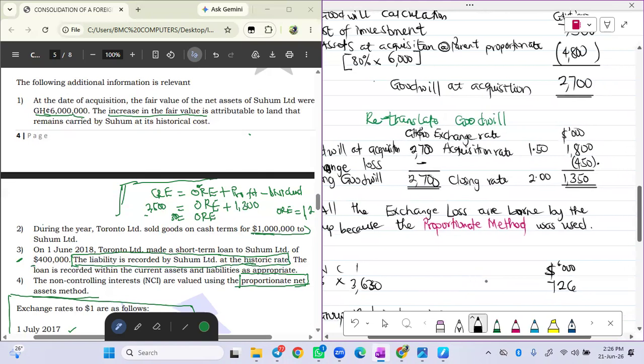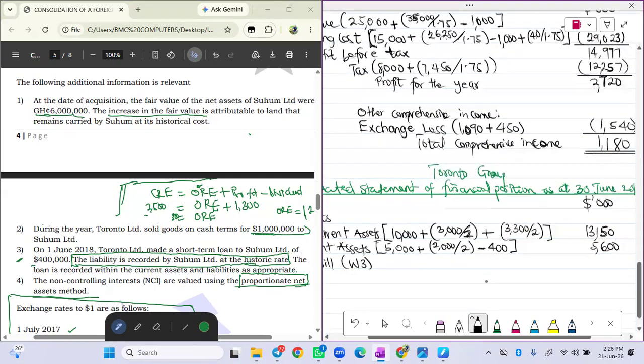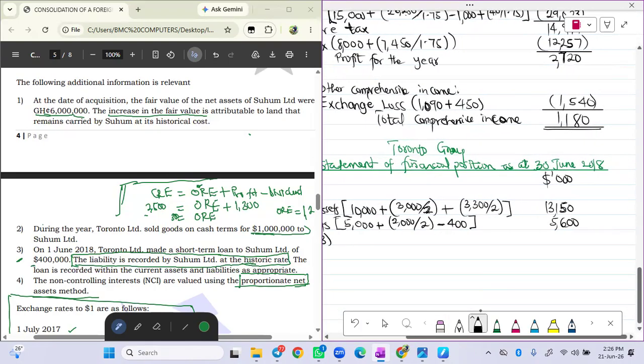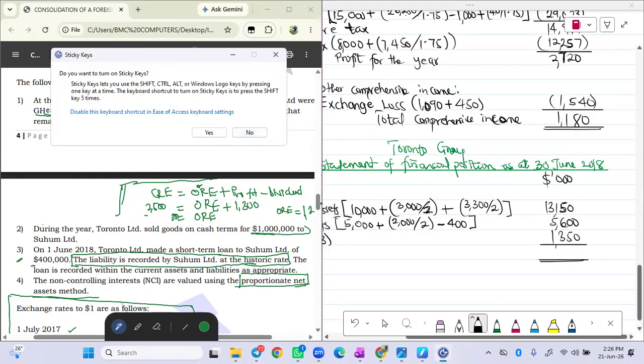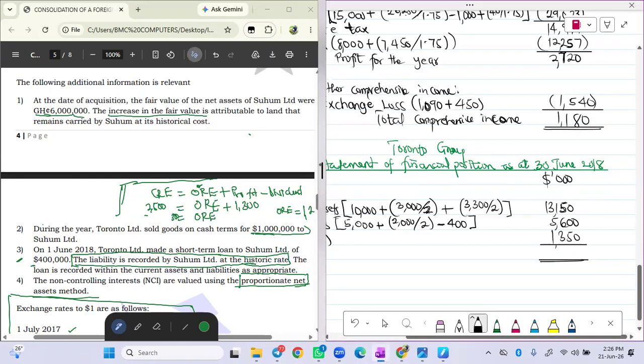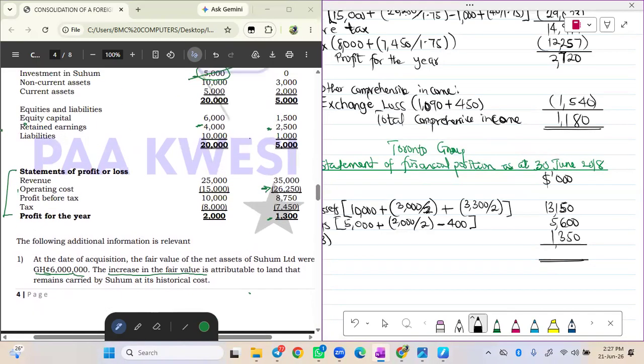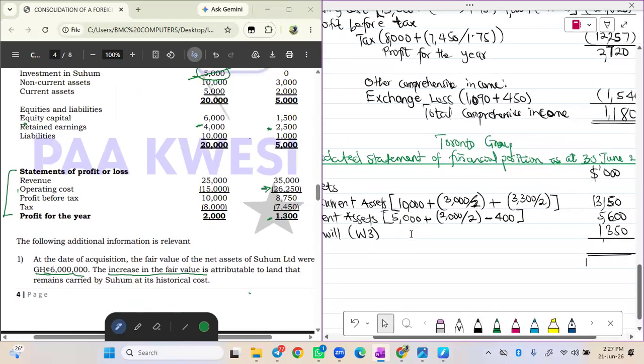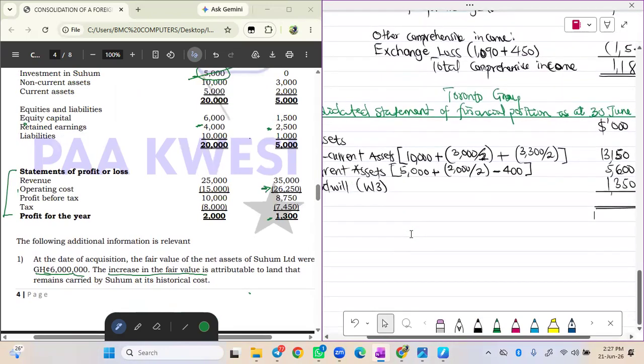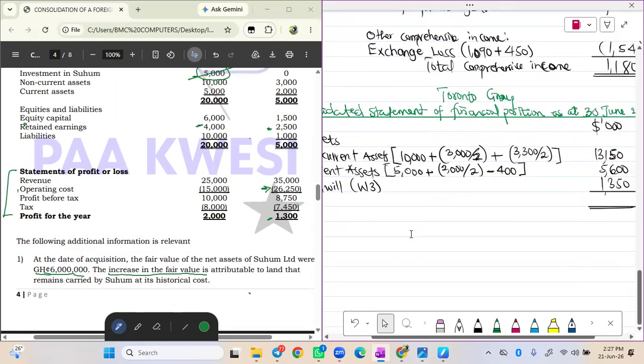When we retranslated, we got 1,350. Don't use the cedis one, use the dollars. 1,350. $2,100.